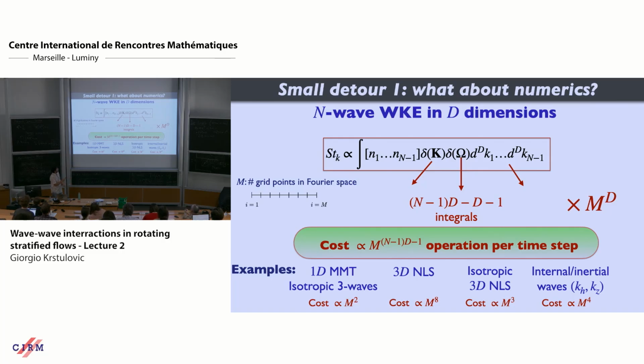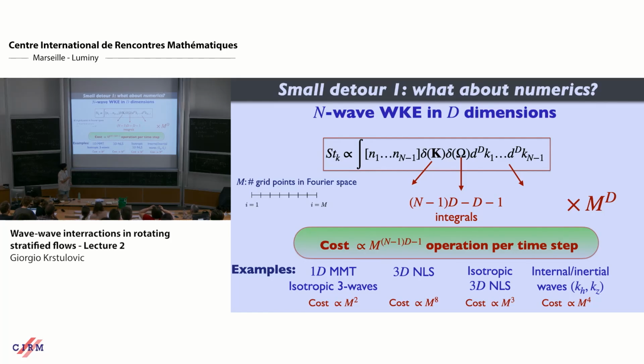Let's say you know it analytically, and then for an n-wave system, you have n-1 integrals to perform in d dimensions. Thanks to this delta, you take one integral less because of the delta in omega. And suppose you put m grid points per direction, you have to do it for each grid point of your spectrum. So if you multiply all this, it typically costs m to the n-1 times d times d minus 1.